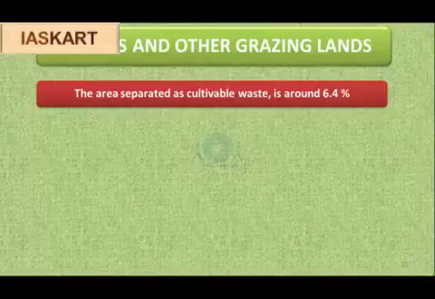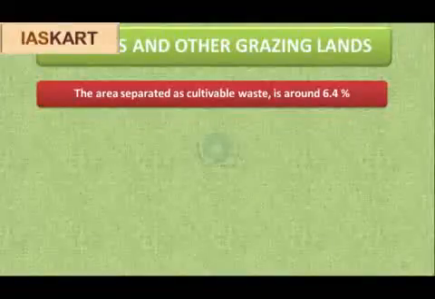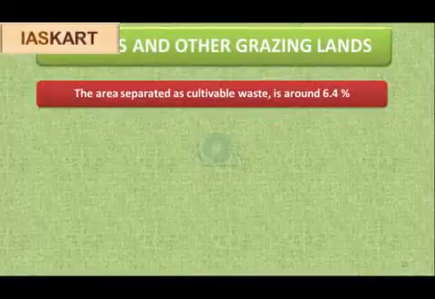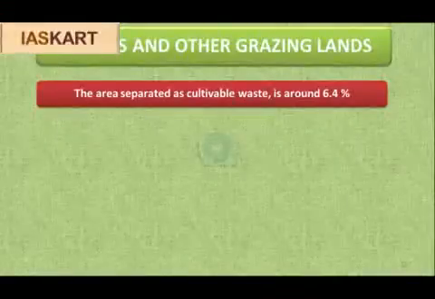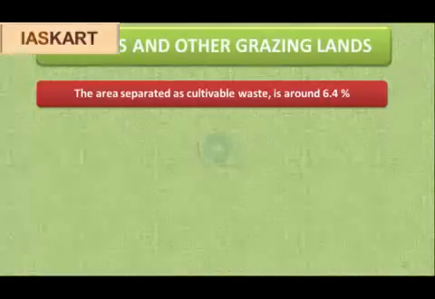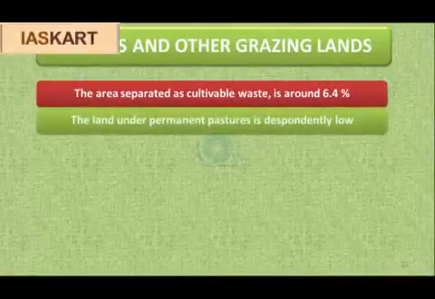Pastures and other grazing lands. The area that is separated as cultivable waste has remained stationary, that is around 6.4%, and that has been there for several decades now. The land under permanent pasture is woefully low, and it suggests a remarkable population pressure on the land.